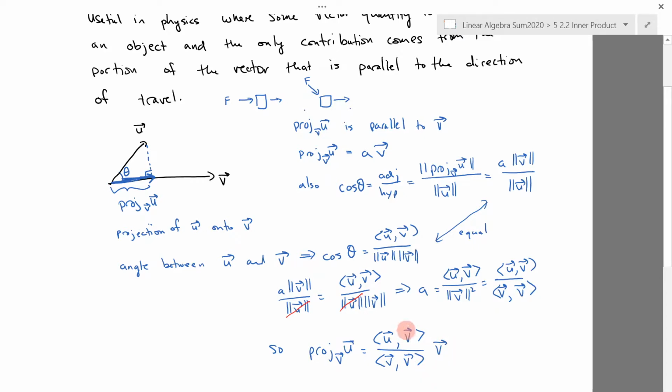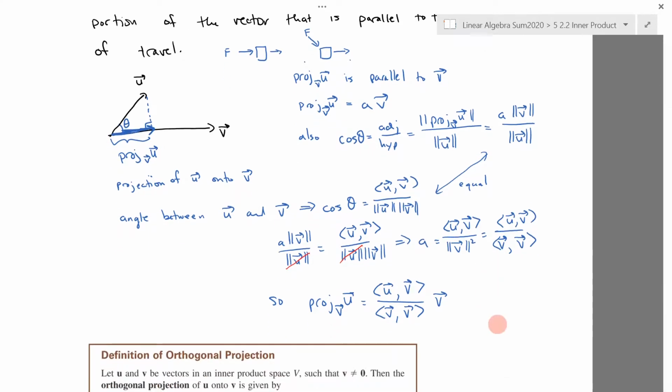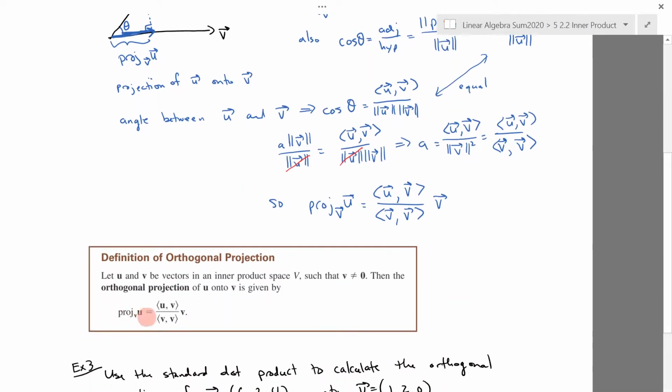This whole quantity a is just a single number, and this is a vector, so the result is a vector. This is the formula we have for the orthogonal projection.